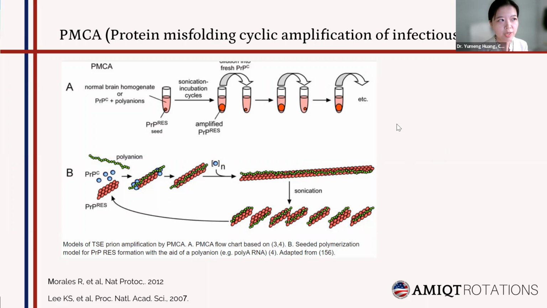And after 3 rounds of seeding, incubation, and sonication, this can magnify the beta sheets of the pathogenic proteins. And after that, we can test these great amounts of PrPSc through Western blot. So this technique is very sensitive, and the specificity can reach around 80 to 90%. So that is my short introduction.